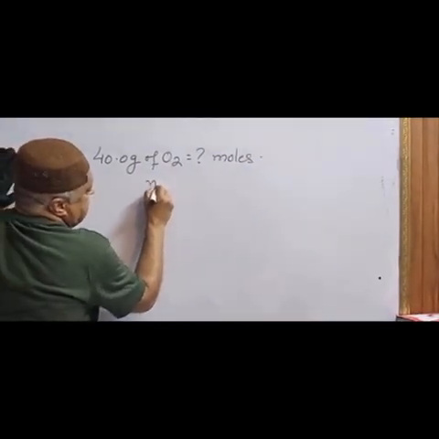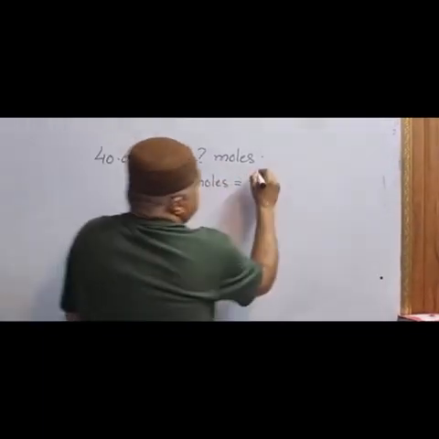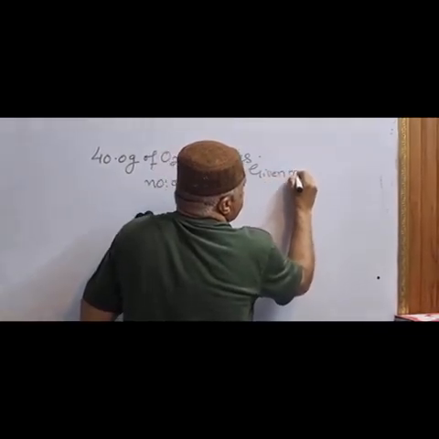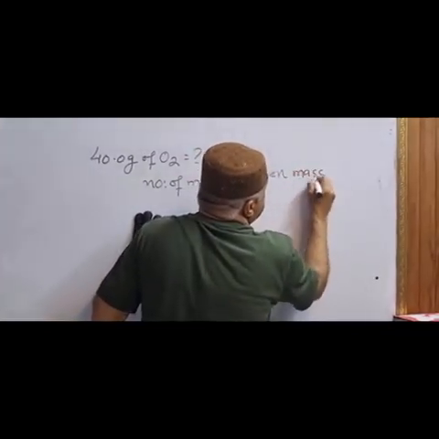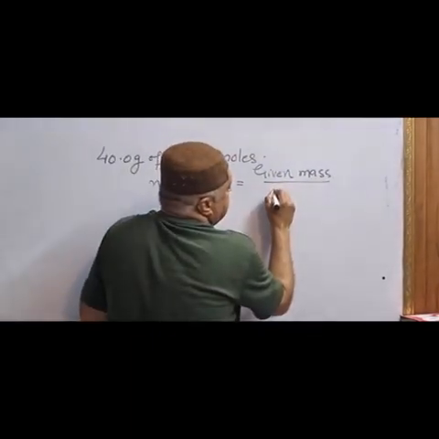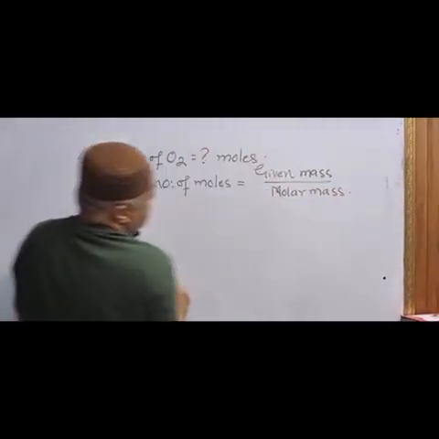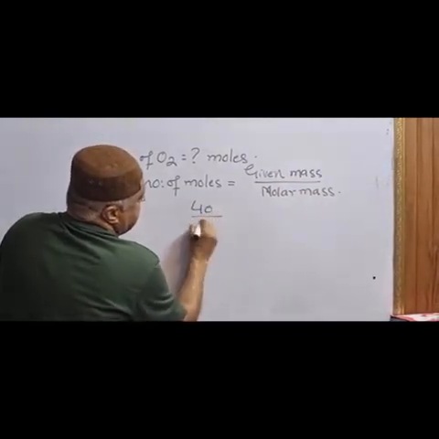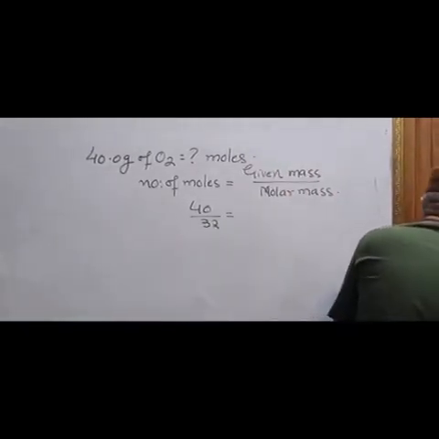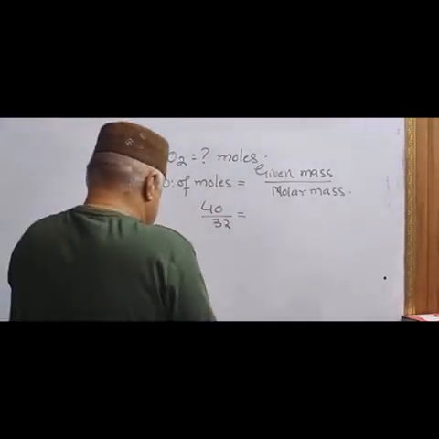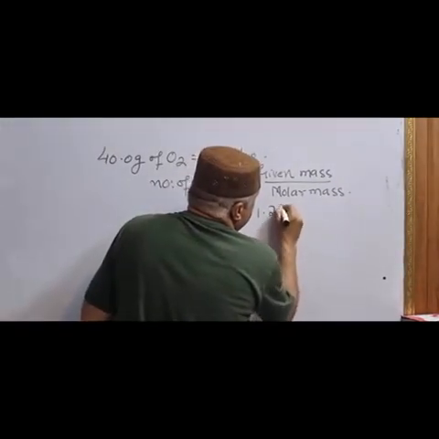Now, one way is the number of moles equal to given mass divided by molar mass. So given mass is 40 and molar mass is 32. So the answer will be 1 point something, that is 40 divided by 32 is 1.25 moles.